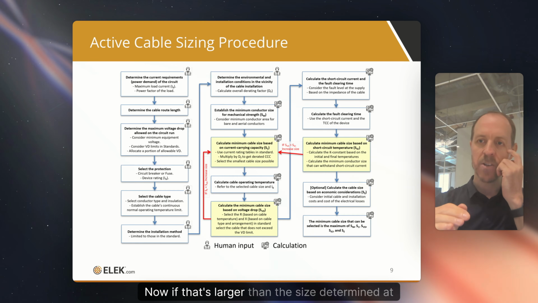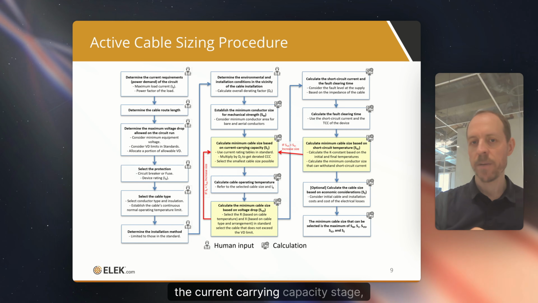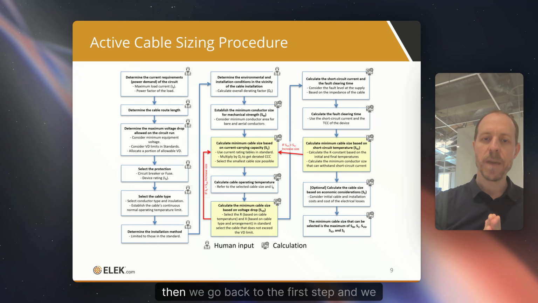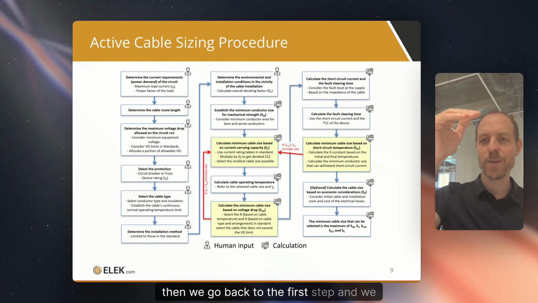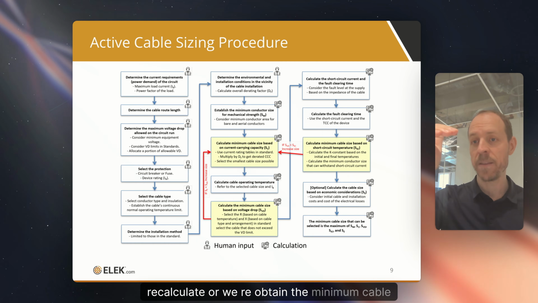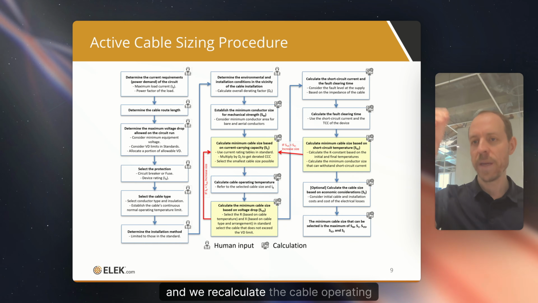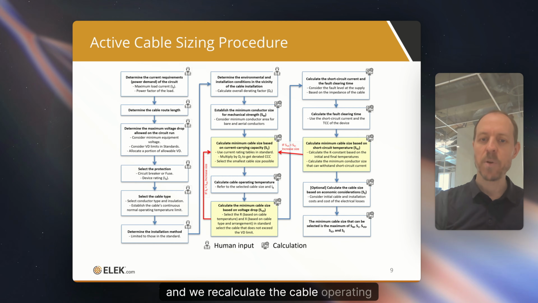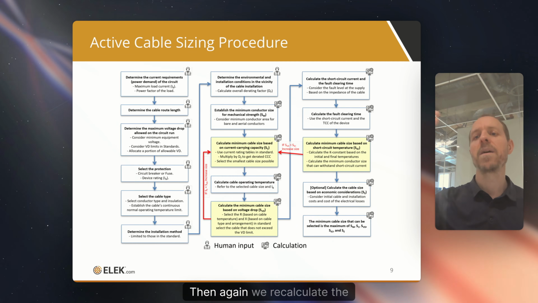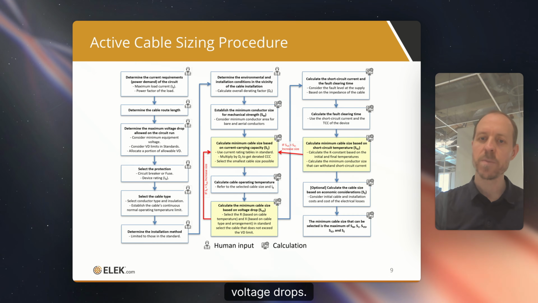Now, if that's larger than the size determined at the current capacity stage, then we go back to the first step and we reobtain the minimum cable size, and we recalculate the cable operating temperature. Then again, we recalculate the voltage drops.